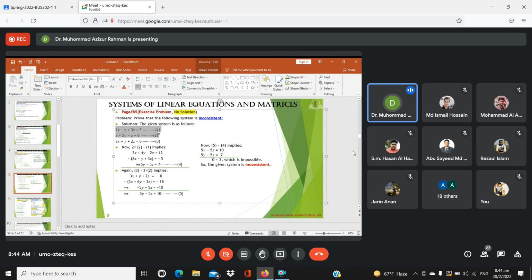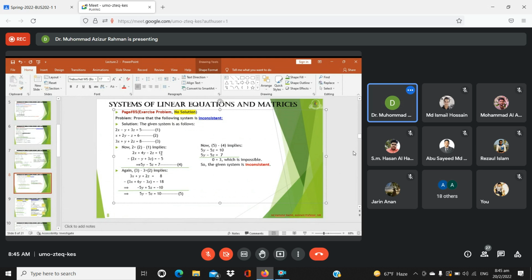So keep equation 1 the same. Multiplying equation 2 by 2, we get 2x plus 4y minus 2z equals 12.